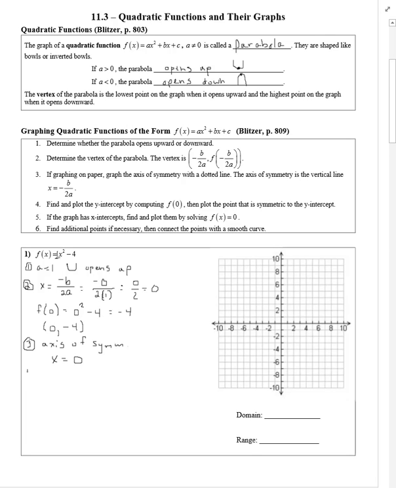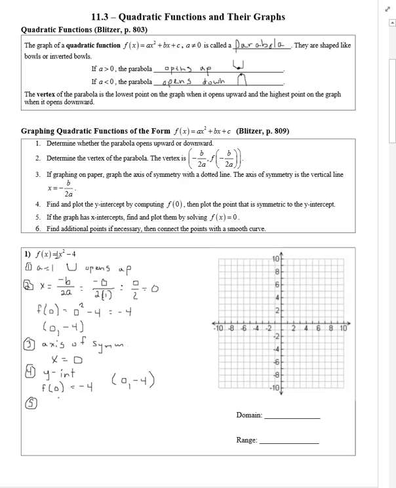The fourth thing we need to do is find the y-intercept, which means plug 0 in for x and solve for y. So essentially we're finding f of 0, but if you notice we already did that in step 2 because that happened to be the vertex. So that won't always be true, but this time it is. So our y-intercept is the point 0, negative 4, same as the vertex.